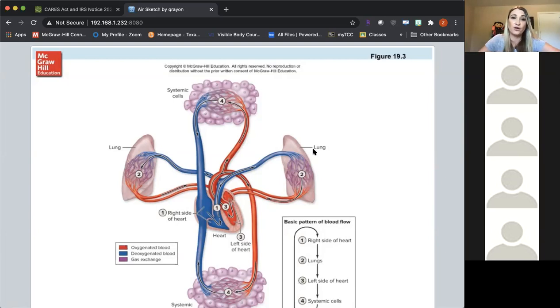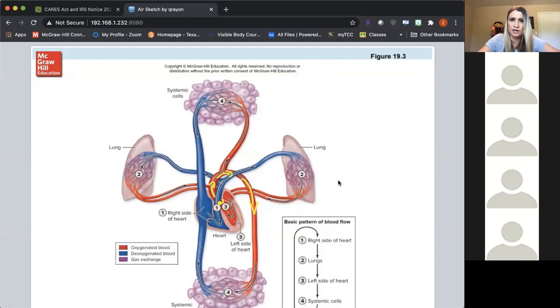It will go through the aortic semilunar valve into the aorta, into the ascending aorta, then aortic arch, then descending aorta, and then systemic tissues. From systemic tissues, ultimately blood will be collected by veins, and the largest veins are superior and inferior vena cava, and the coronary sinus would be there with it as well.